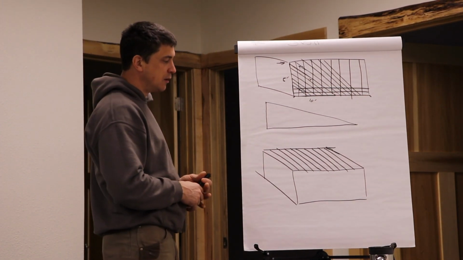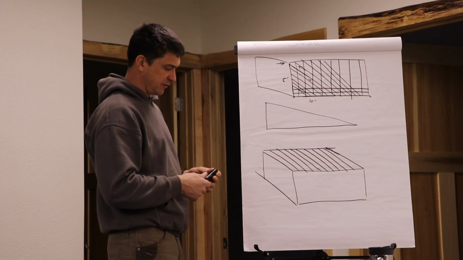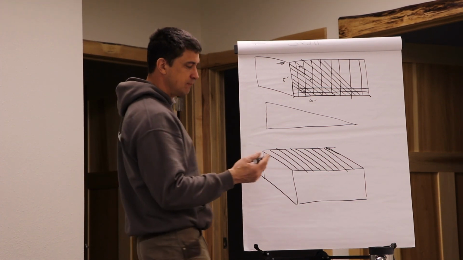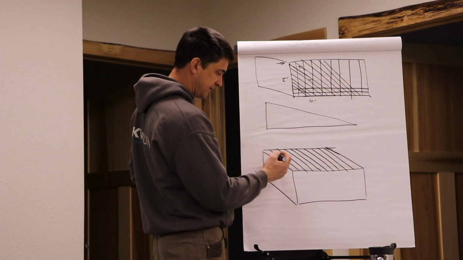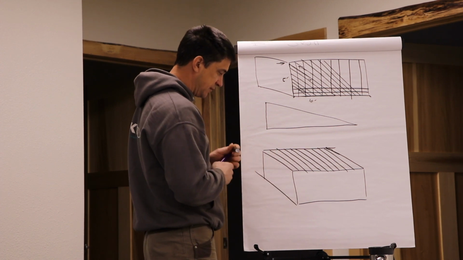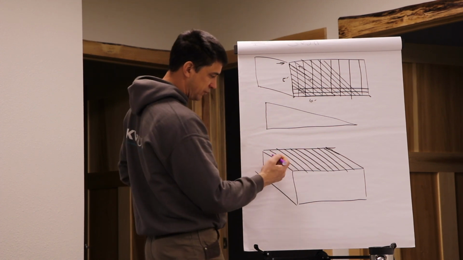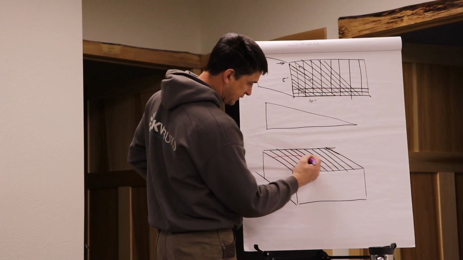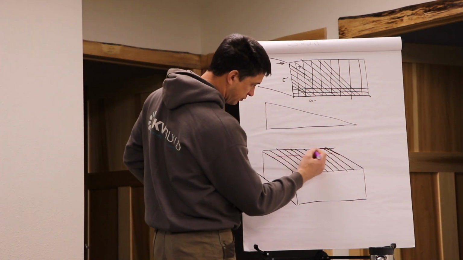And so for us now with platform framing and 4x8 sheets of material, we'll run our floor joists on here, and then we'll run a row of sheathing.